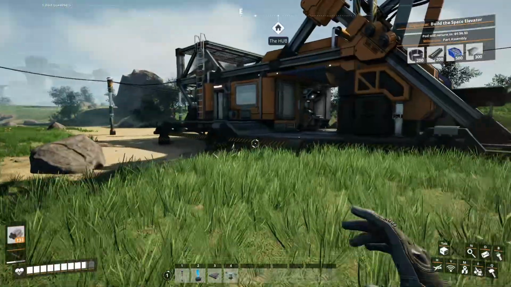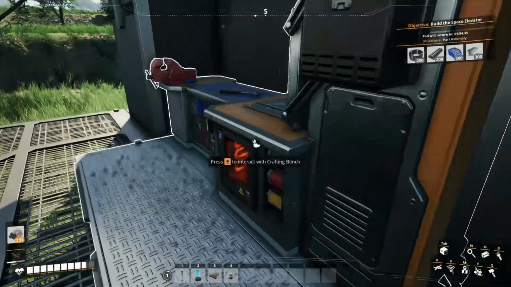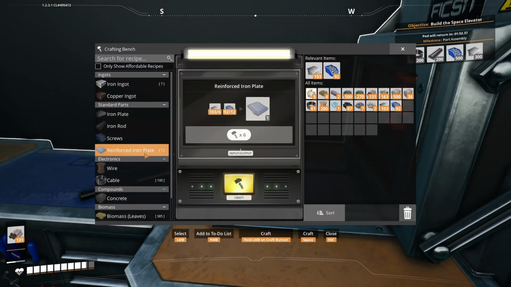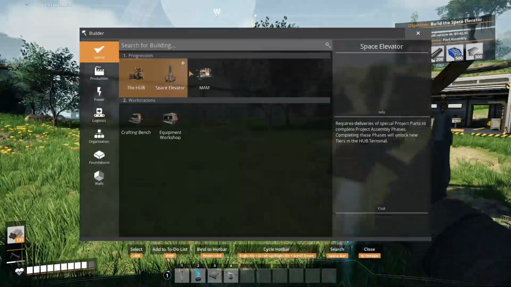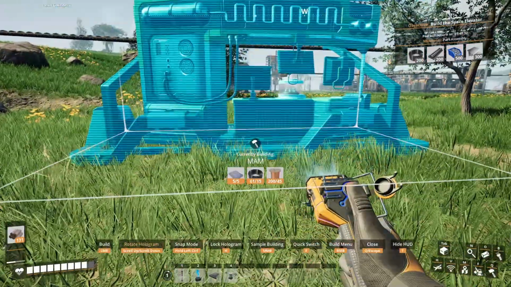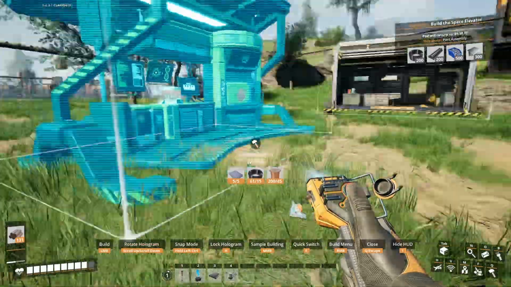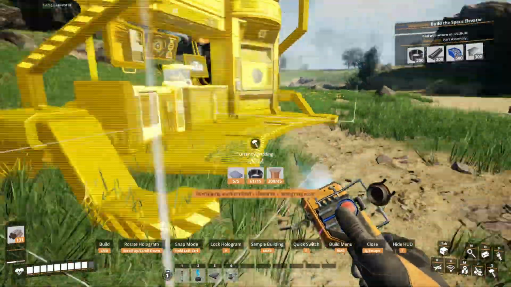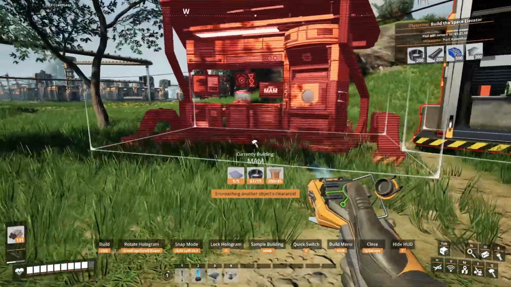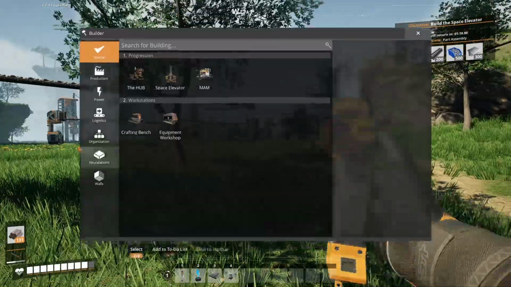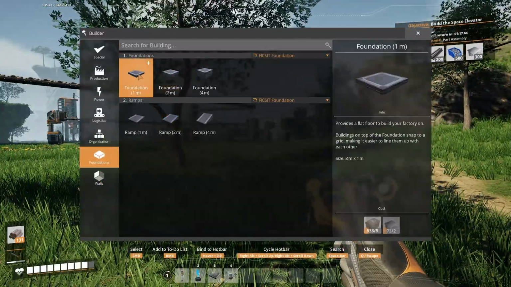I only needed 5 for the MAM, right? 5 plates. Should be able to build it now. Haha. Does this need power, I wonder? Put it over here. Well, maybe we should build a foundation for it.